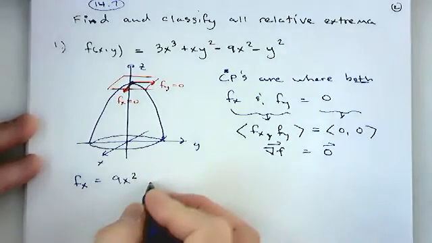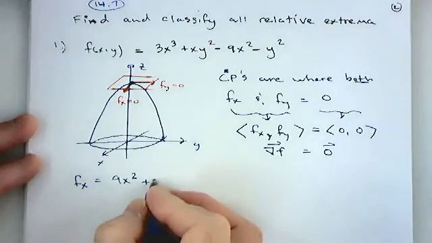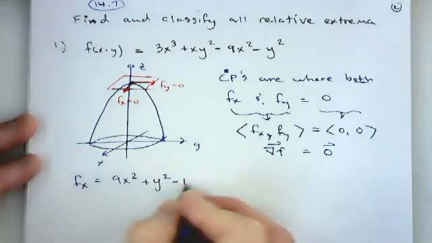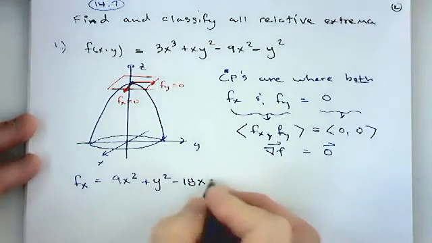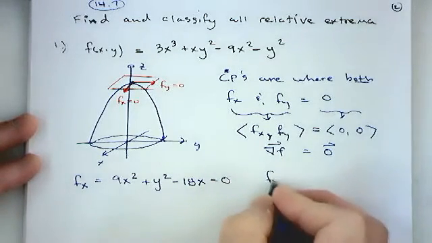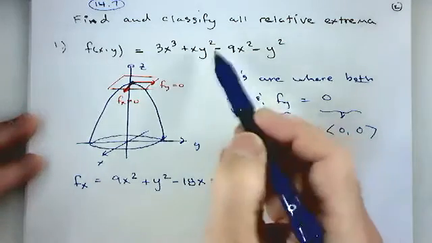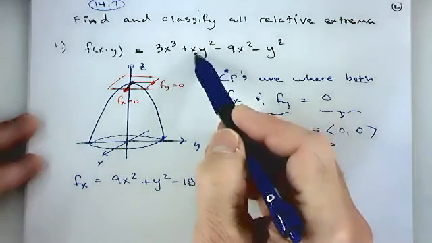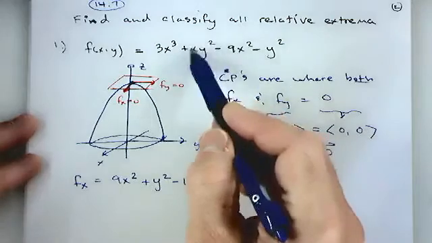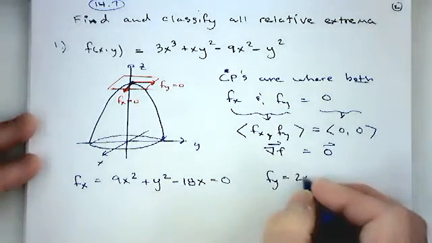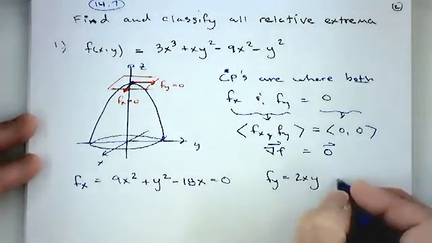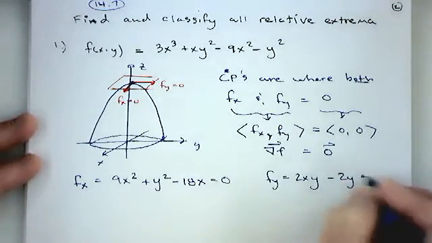9x squared plus y squared minus 18x. For f sub y, x is constant, so that'll just stay there. But then I'm going to bring the 2 in front, so I'd get 2xy minus 2y.